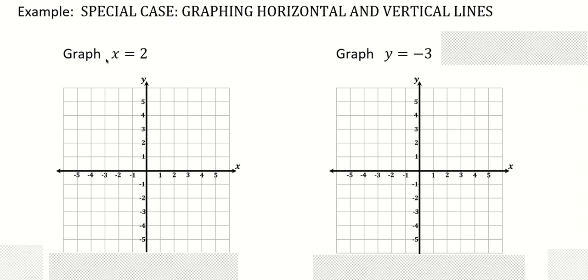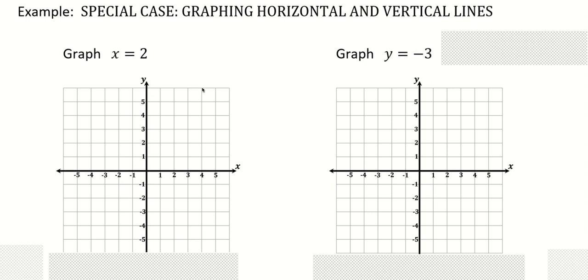Let me explain. x equals 2. Let's take a look at it from a solution approach. Could you give me an ordered pair that is a solution to x equals 2? Not just a number for x, but an ordered pair, an x and a y.